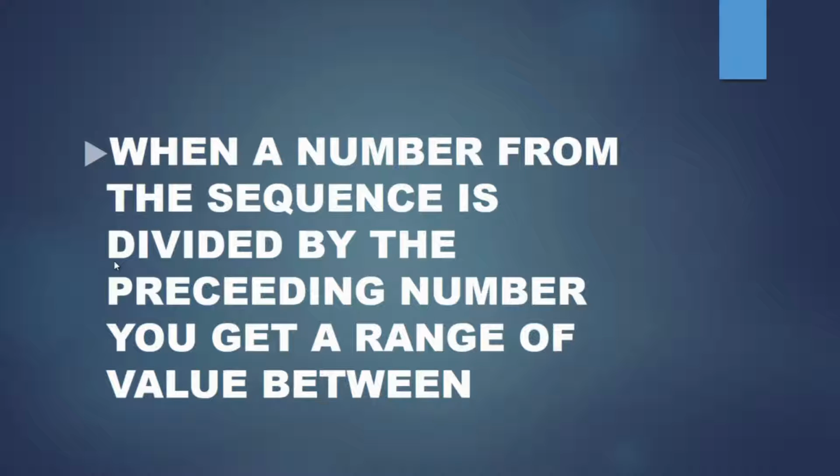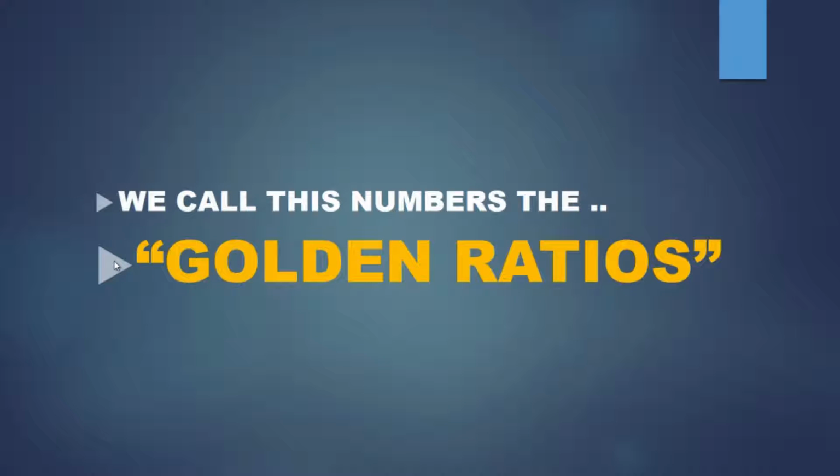When a number from the sequence is divided by the preceding number, we get a range of values between 1.5 and 1.618, which is called the golden ratio.